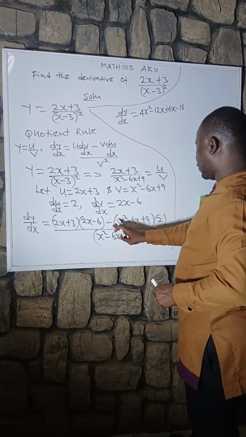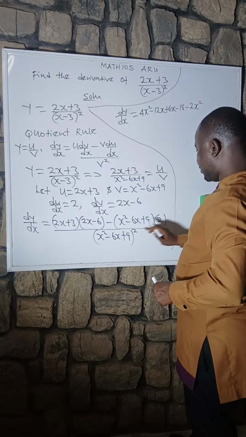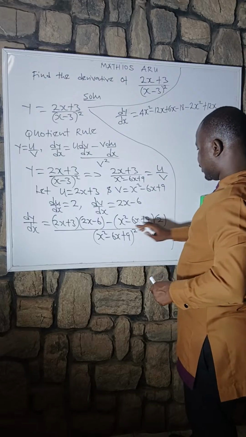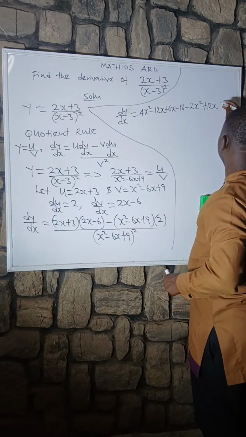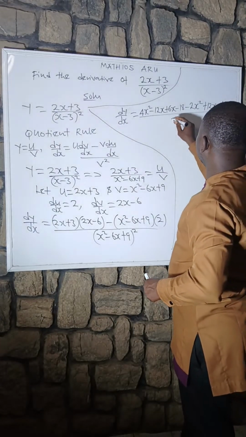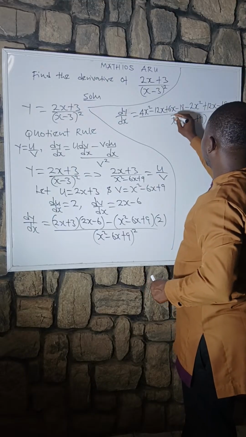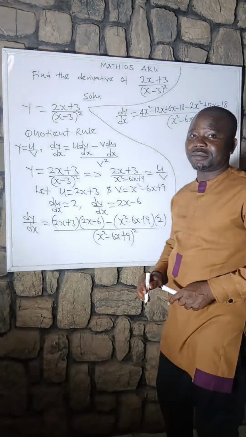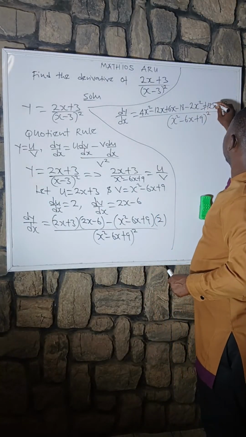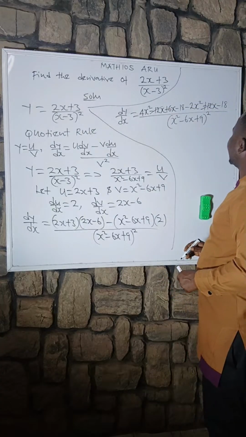So minus 2 times x squared is minus 2x squared, minus 2 times minus 6x is plus 12x, minus 2 times plus 9 is minus 18. Then all over x squared minus 6x plus 9 all in square. If you can see what I am saying, this and this will go. Hope I did not commit any crime.